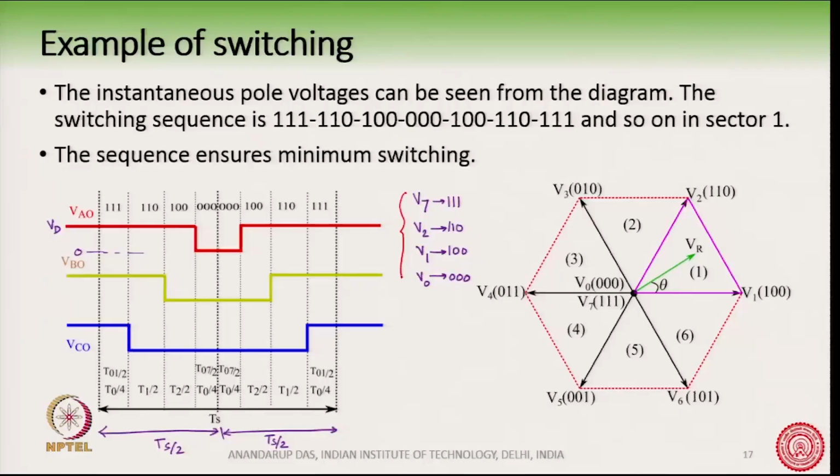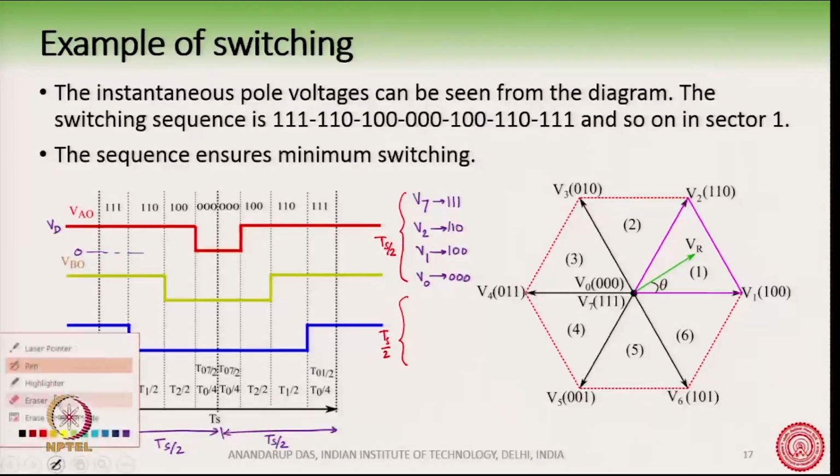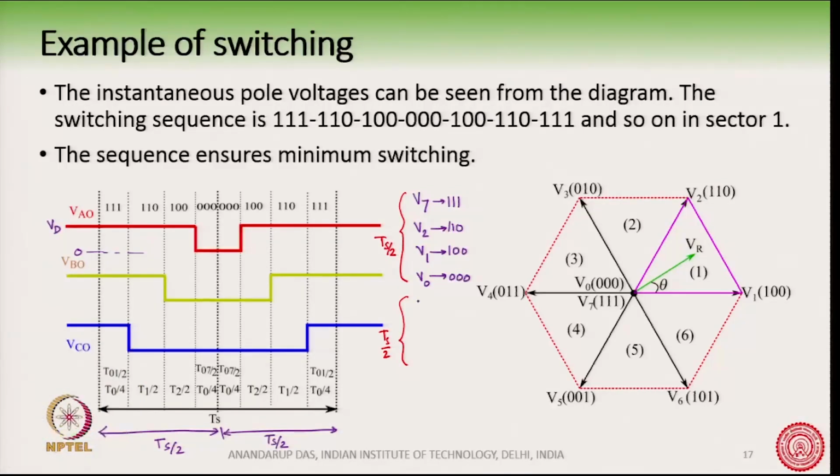So, this is the Ts by 2 time period, and for the next Ts by 2 time period we again switch V0, V2, V1, V7. Okay. So, we have now divided this Ts time period into two parts.